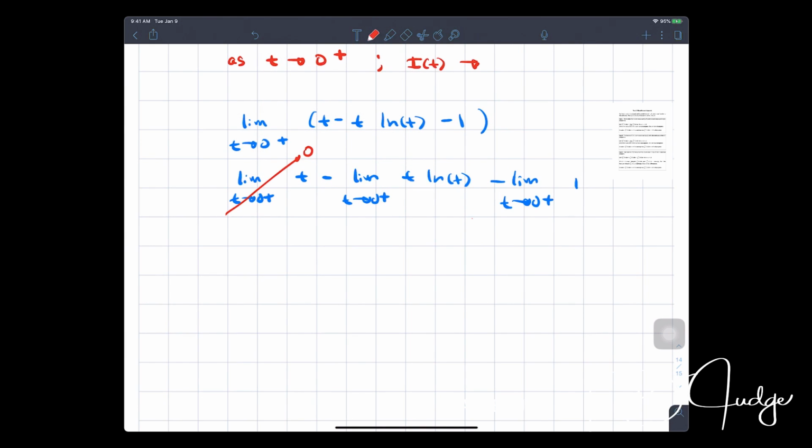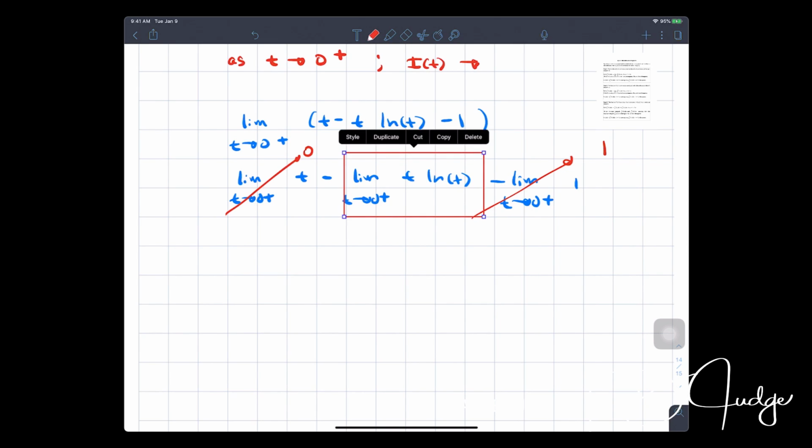This is 0, and this is 1 because it's a constant. Let's get this out of the way. So the real question is going to be, what is this limit right here?